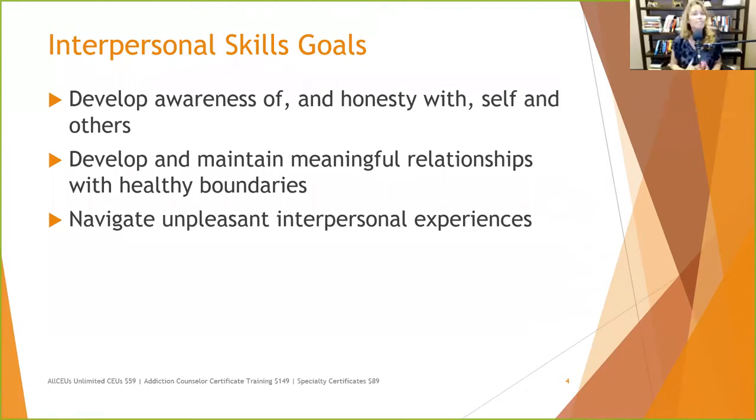But even in the best relationships, there's going to be disagreements, arguments, disappointments. So we want to help people learn how to navigate these unpleasant interpersonal experiences, whether it's a healthy relationship or not, in a way that's most helpful to them, to prevent feeling rejected, to prevent anxiety, to prevent a sense of depression and helplessness because they don't feel like they'll ever have a friend.